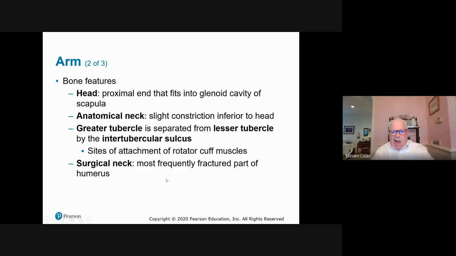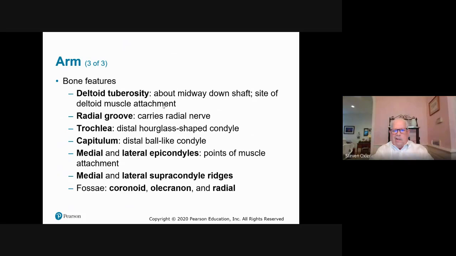You don't have to know the structures in the humerus. I'm not going to ask you anything about the humerus other than where it attaches, inferiorly and superiorly. That's not important. You will never remember it.